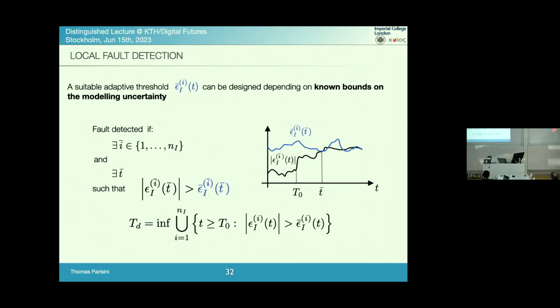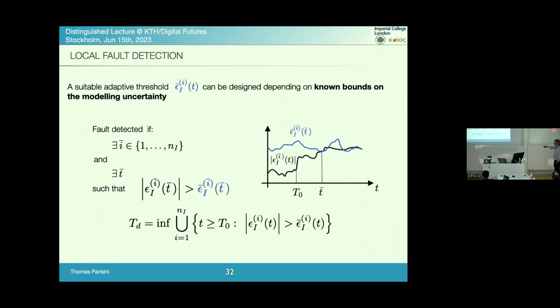That is a much more difficult problem to solve, but there is nothing else you can do, unless you assume persistency of excitation and geometric decoupling between fault and dynamics. There is no other way you can solve the problem. And imposing geometric decoupling between dynamics and fault is something that in practice you can never do. It's not practically viable. So the only thing you can do is to use a bound on the modeling uncertainty, and then the decision is clear.